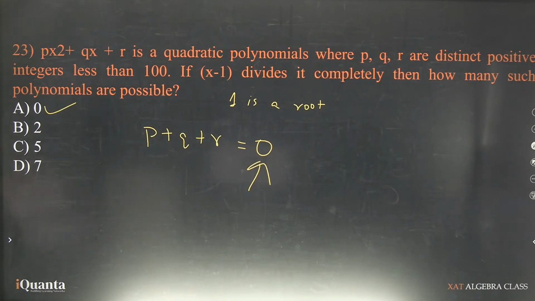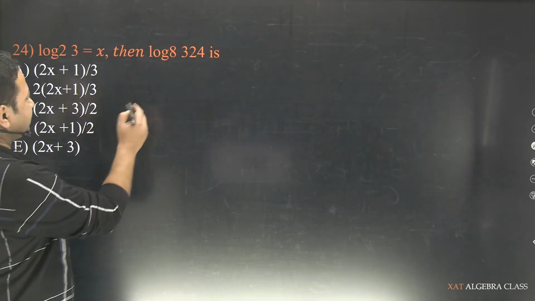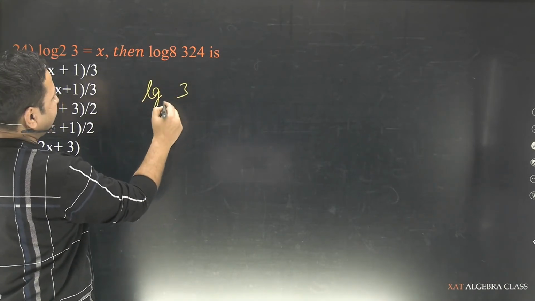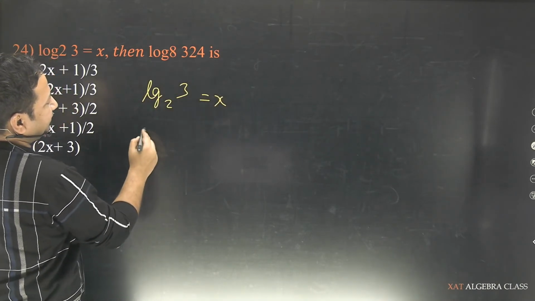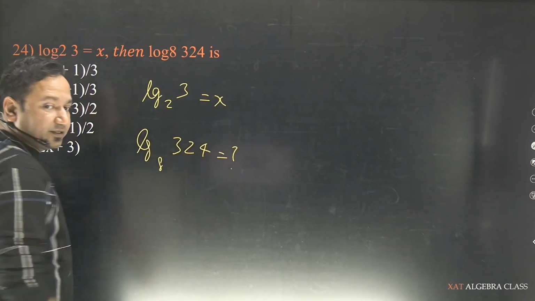Right? Okay. Coming to the last question for today. This is the last question, question number 24. Try solving this one. I'll just rewrite. This is basically log 3 base 2 is equal to x. You need to find log 324 base 8.